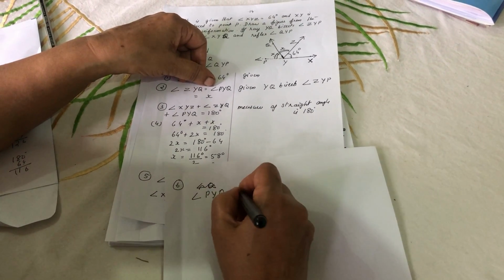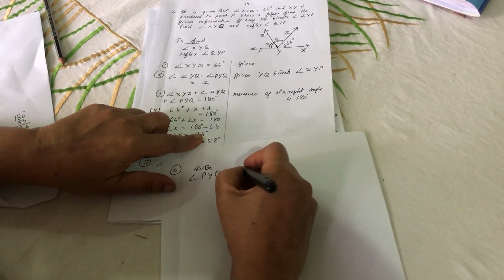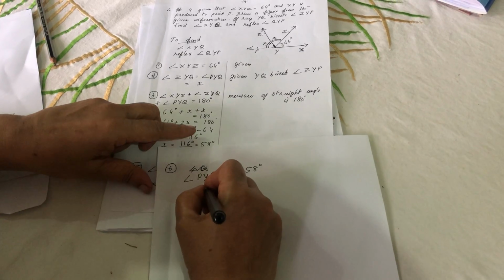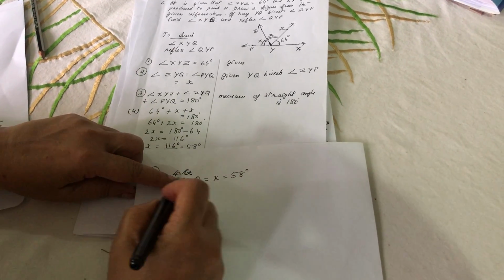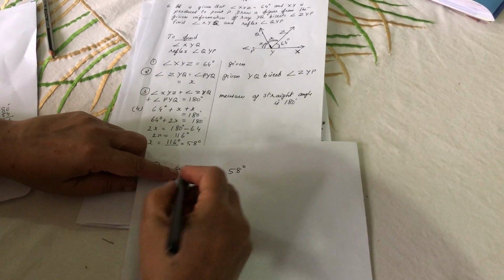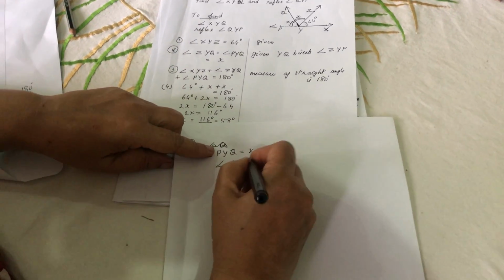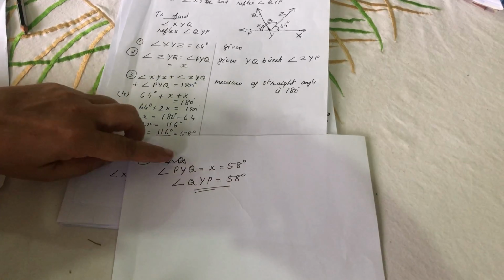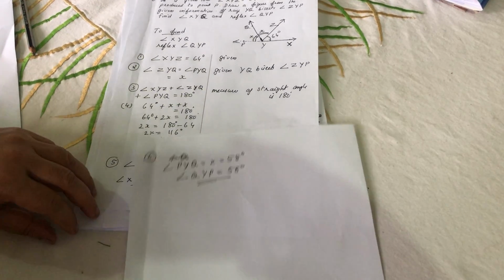PYQ is equal to x. What is the value of x? Equal to 58 degrees. So QYP, PYQ and QYP are the same. So QYP is equal to 58 degrees. These are the same angle.